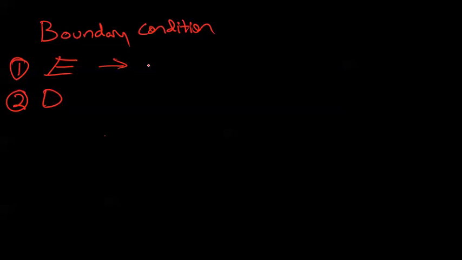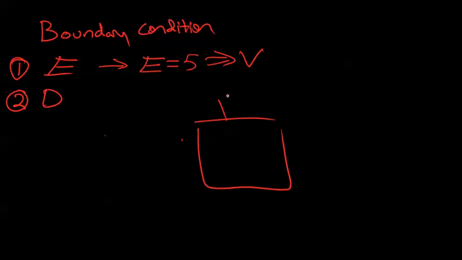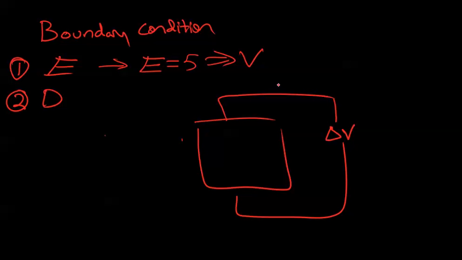Now let me give you this case. Let's say I set the electric field to a number, let's say 5, I don't know, corresponding to some voltage. So I have a material and I apply delta V across the material. Say this is the positive side and this is the negative side. Therefore, we're going to generate positive charges here and negative charges on the bottom.